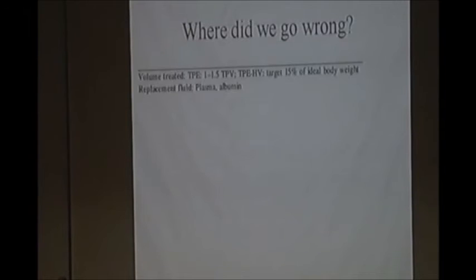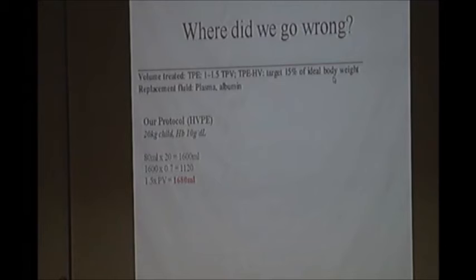So where could we have gone wrong with this study that we undertook? The most important point, which I feel, is the recommendation by the American Apheresis Society, that therapeutic plasma exchange is usually 1 to 1.5 times total plasma volume, and high volume therapeutic plasma exchange is a target of 15% of ideal body weight.